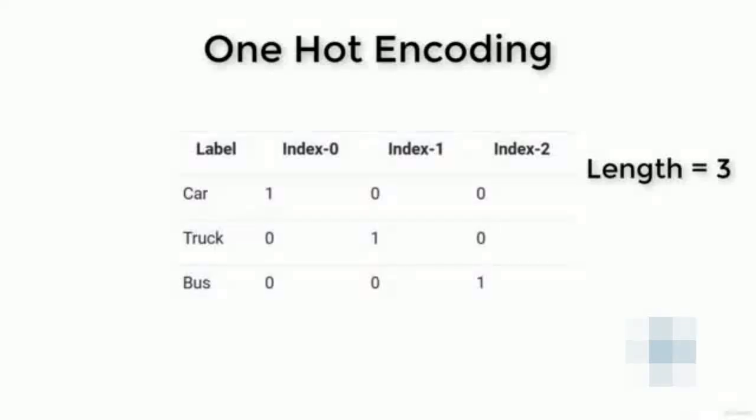Let's stick with the example of classifying images as being either of a car, truck or bus, with each of the corresponding vectors for these categories being of length 3. We can think of each index or each element within the vector corresponding to one of the 3 categories. Let's say for this example that the car label corresponds to the first element, truck corresponds to the second element, and bus corresponds to the third element.